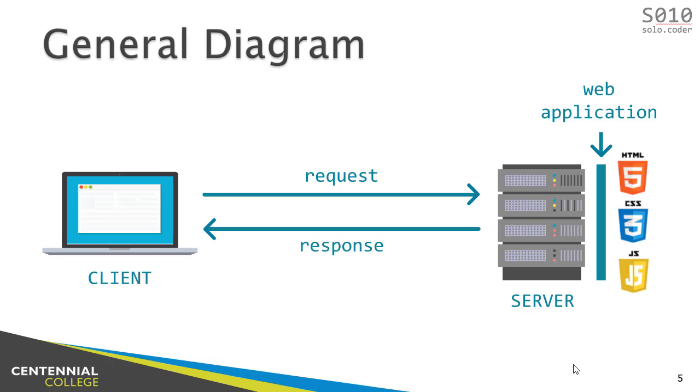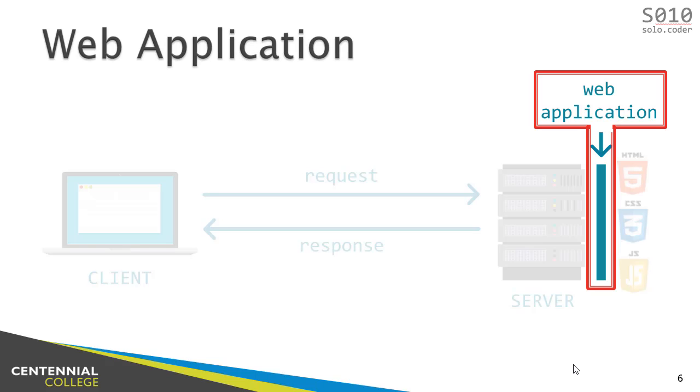So again, this is the basic flow of information in a web environment. What we're going to focus on, as I said last class, is the web application side of it. So I'm going to expand that, keep the other elements, decrease them in size, and expand this element here, and I'm going to give you an overview.